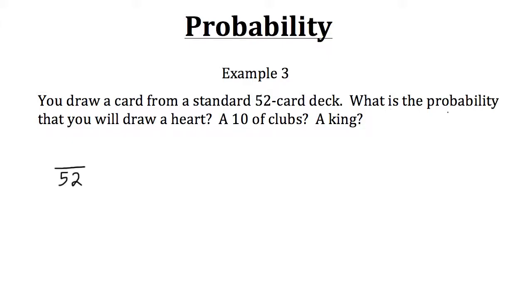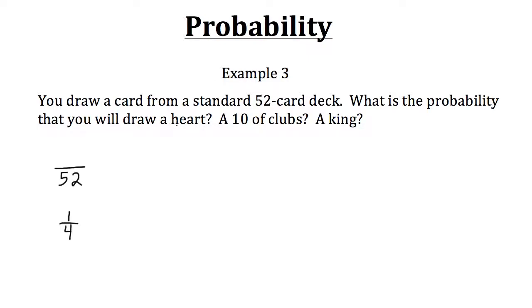So the first question is, what is the probability that you will draw a heart? Well, drawing a heart would be our specific event in this case. Now, with a standard 52 card deck, there are 4 suits, and they're all equally divided up within the deck. So since a heart is one of those suits, that's like 1/4 of the deck. So we could say that the probability of drawing a heart is 1/4, or we could actually count up the total number of hearts within the deck.